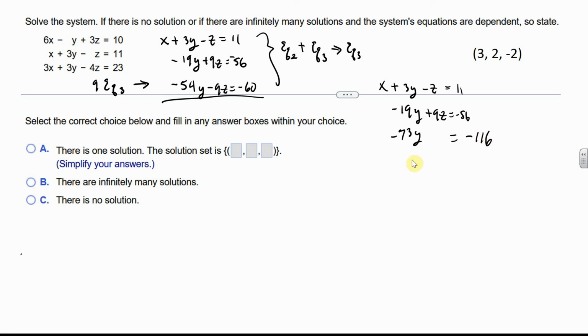And so, what is negative 116 divided by negative 73?